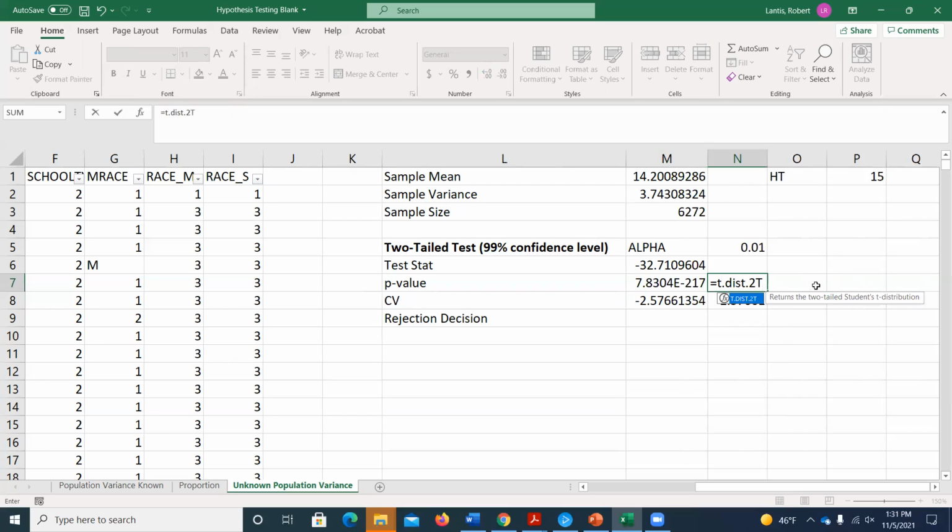Excel is kind of nice. For some of this hypothesis testing stuff, it has a lot of built-in functions. So this one, t.dist.2t, all you have to do is tell it your test statistic and your degrees of freedom, and it'll basically multiply it by 2 for you.